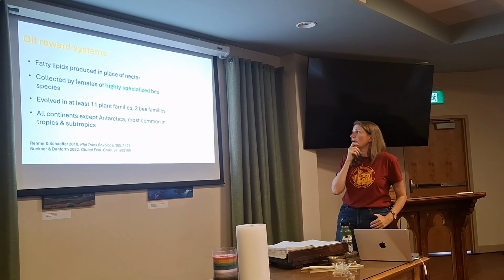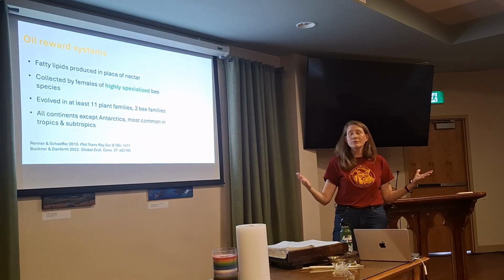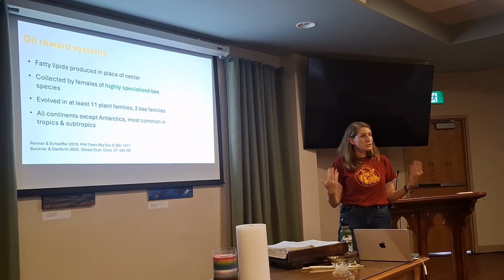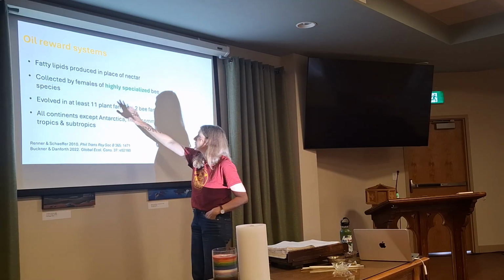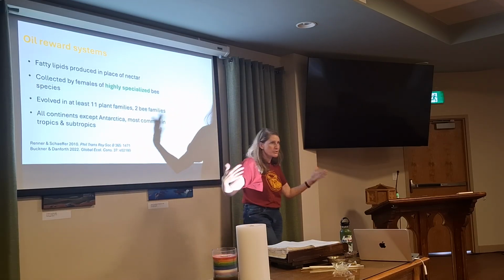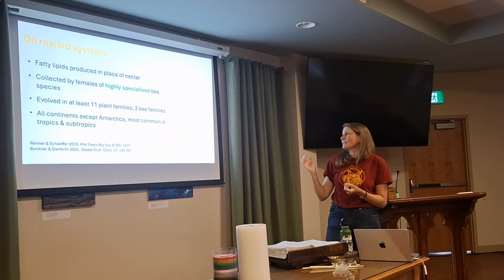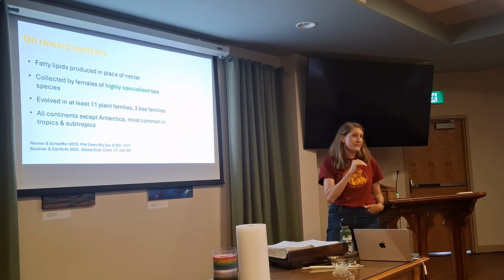This system has evolved in at least 11 plant families, so it's occurred independently several times. There's at least 2 families of bees where this relationship has evolved. Within each of these families, both on the plant side and the bee side, there's multiple species involved. And it occurs on all continents except for Antarctica. It's most common in the tropics and the subtropics.